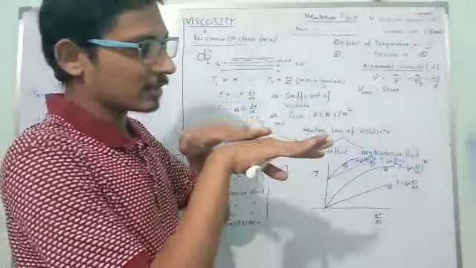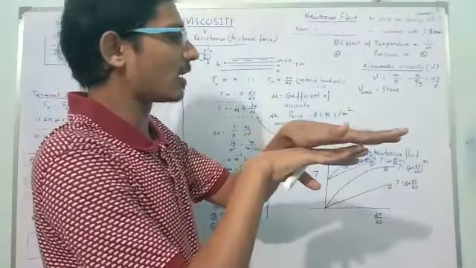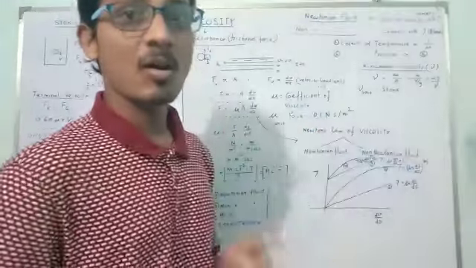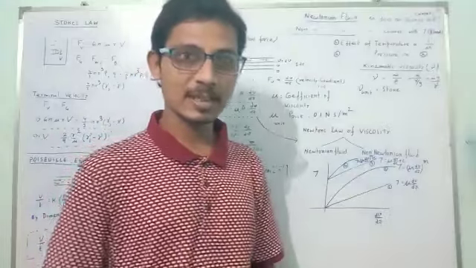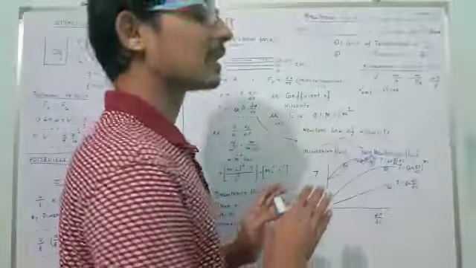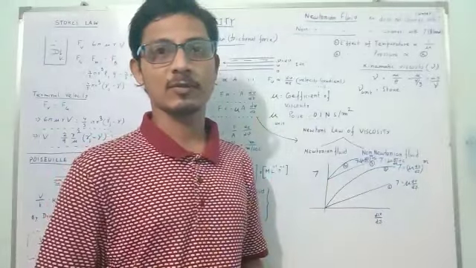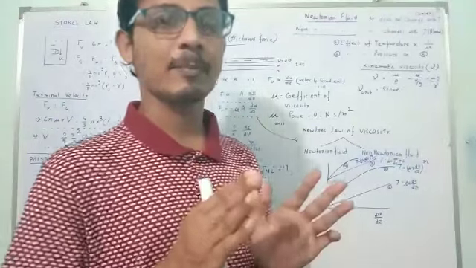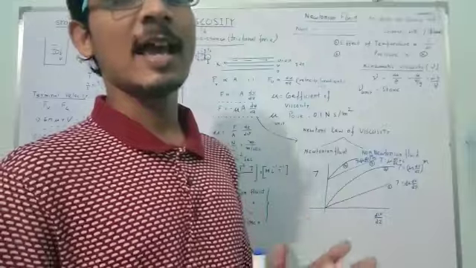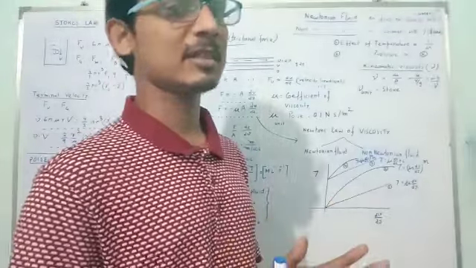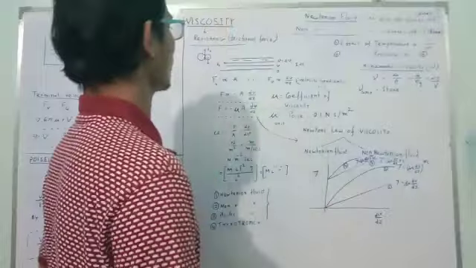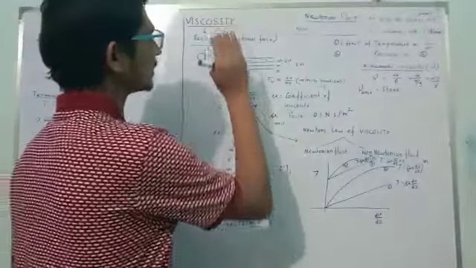One layer will slip like this over another layer in case of a normal flow, and we assume here that this is not a case of turbulent flow. This is a theoretical, 100% laminar flow. Okay.